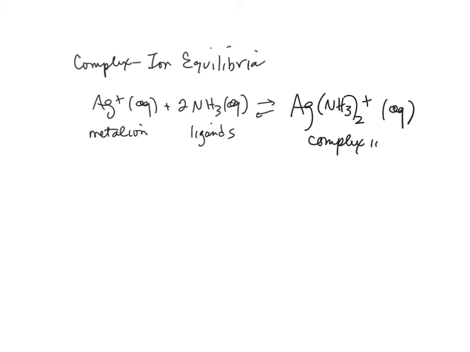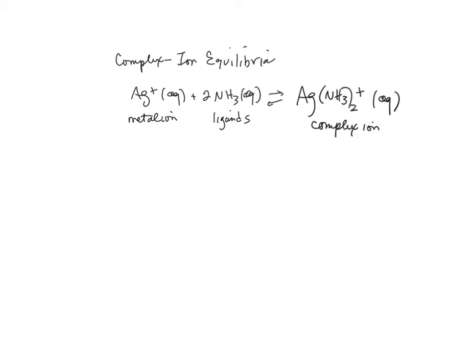You just have two ligands, but we certainly could extend the analysis to more than two ligands. So when you mix silver ion with ammonia, there's a very high probability that the complex ion will form. And there's a number associated with that high probability.